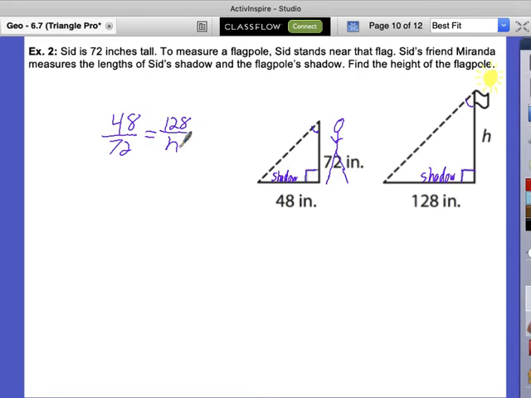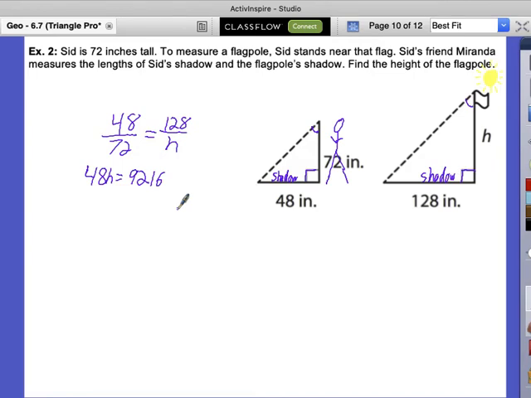We could cross multiply to start with, or we can simplify to start with. Either way is fine. What do you guys want to do? Cross multiply, cool. 48 times H equals 72 times 128, which is 9,216. So 48h equals 9,216.